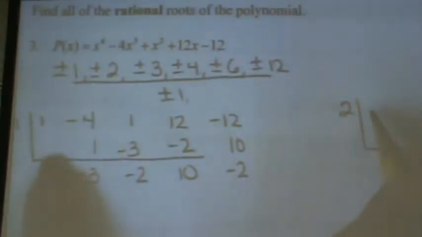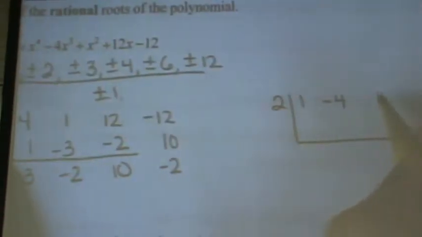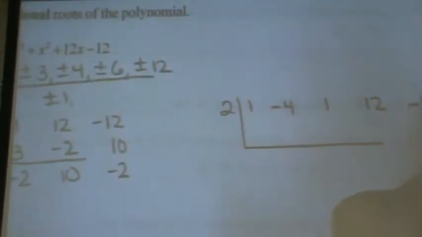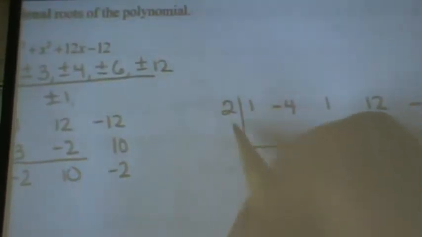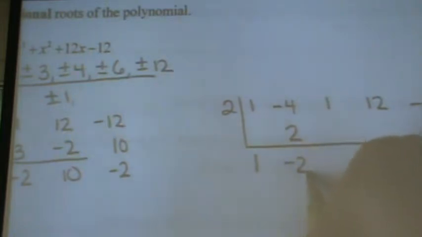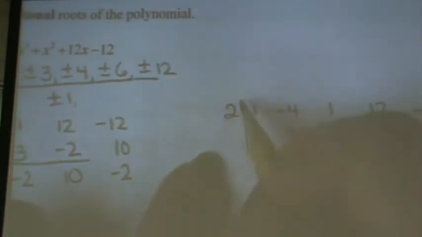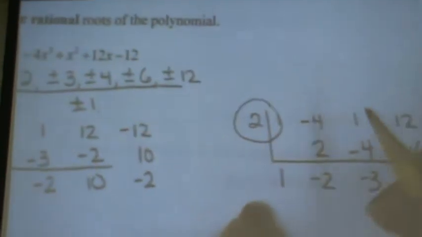I'm going to put a 1, a -4, a 1, a 12, and a -12. Bring down the 1. 2 times 1 is 2. Add, multiply, add, multiply, add, multiply, and you get your first 0. So 2 is one of my real zeros.